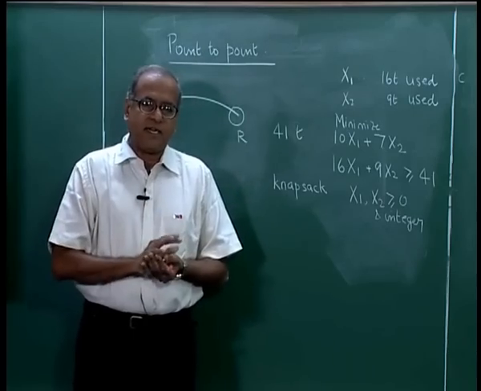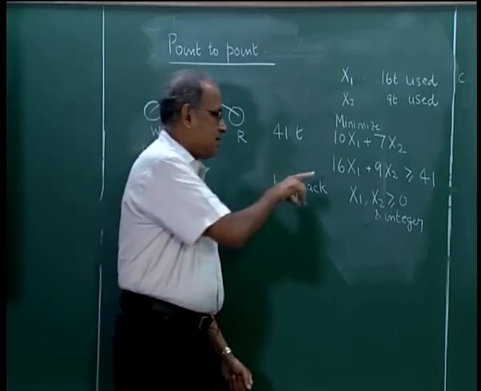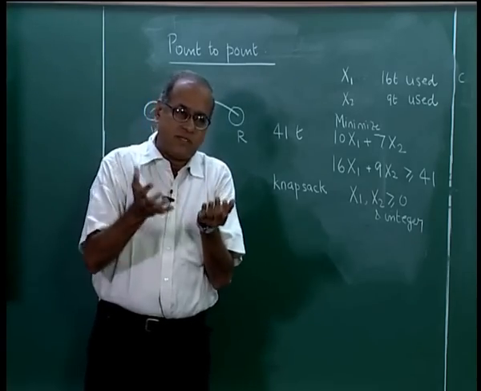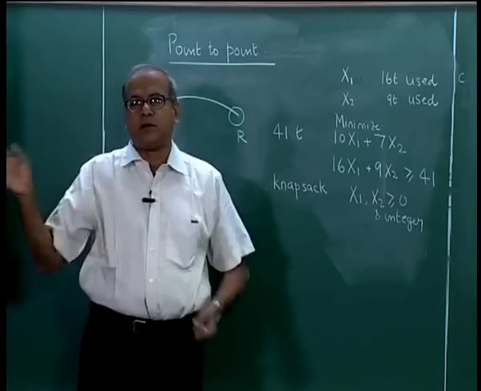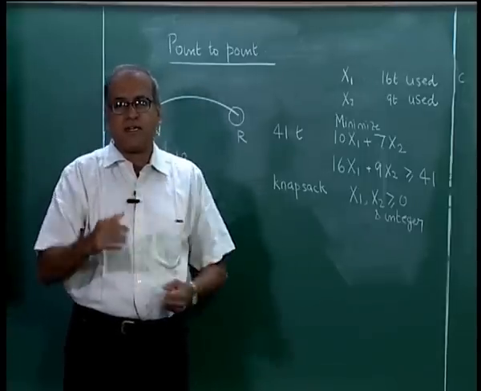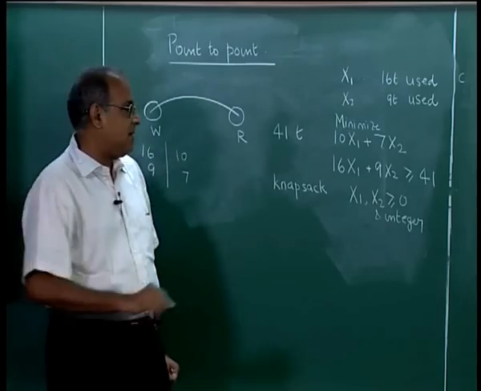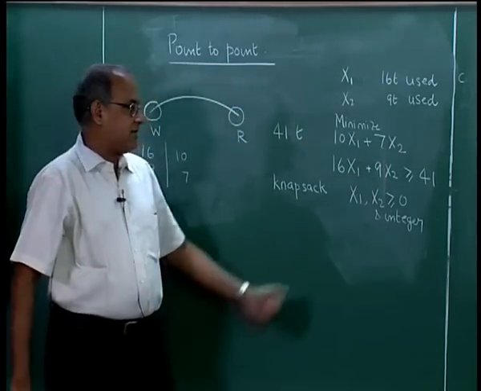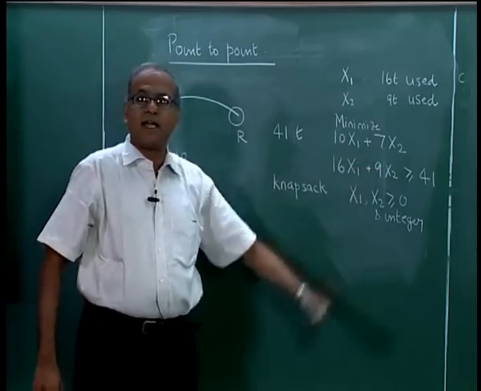If it is a volume constraint, this would represent the volume of each item, and the volume that we put in should be less than or equal to the volume available. So, it is a maximization problem with a single constraint of a less than or equal to type.